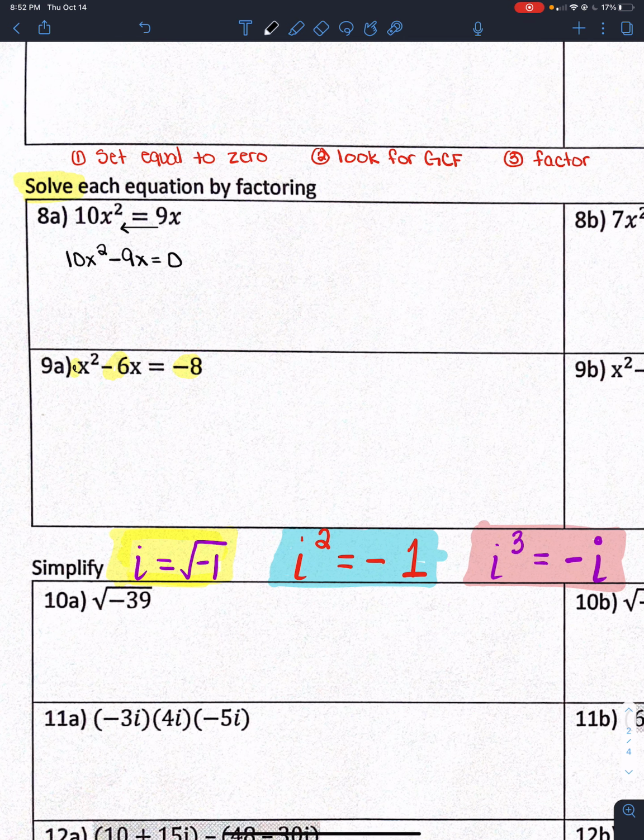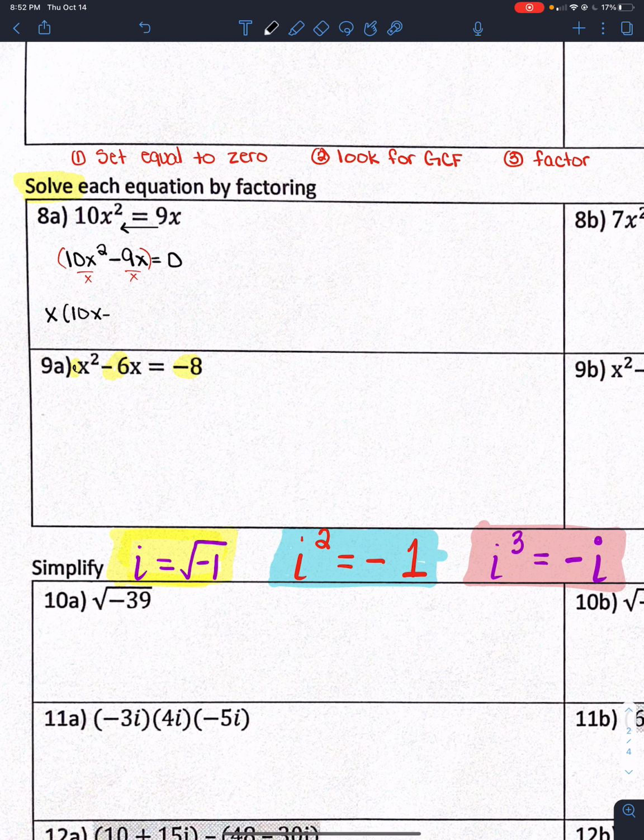Okay. Now it says look for a GCF. Is there anything that these two terms have in common that we can factor out? They can both be divided by x. Okay, so since we can divide both of them by x, we have x. 10x squared divided by x is 10x.